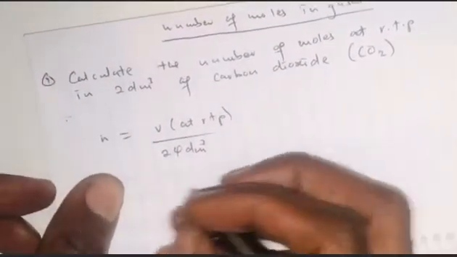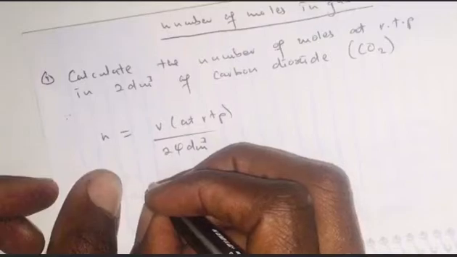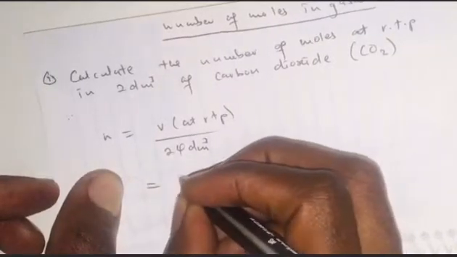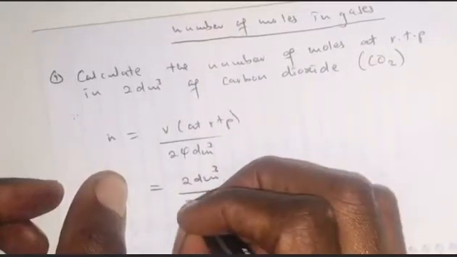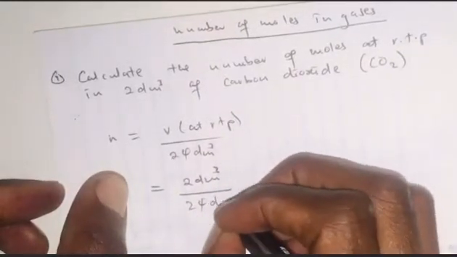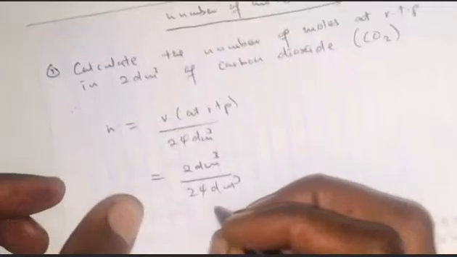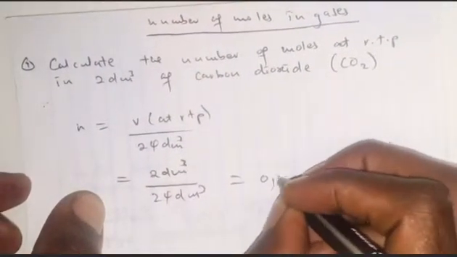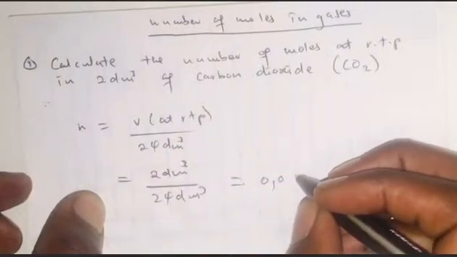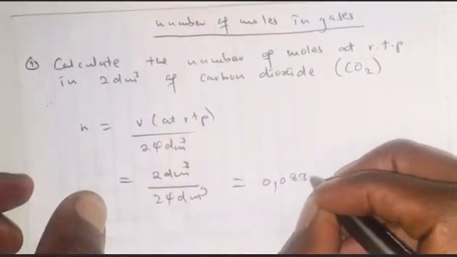In this question we've got the volume of gas as 2 dm cubed over 24 dm cubed. Then this gives us 0.083 moles.